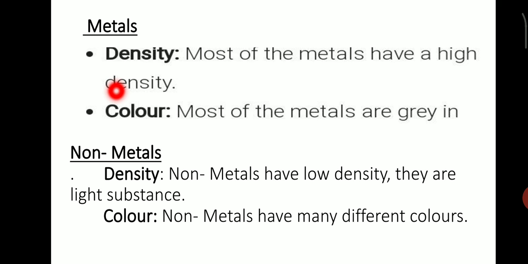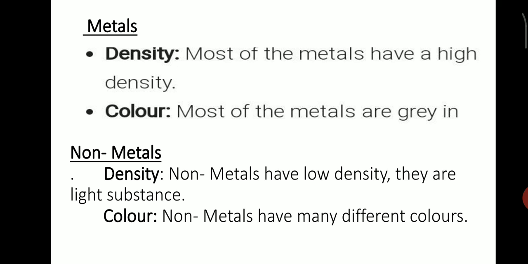Then about color. Most metals are gray in color, except copper, gold, etc., which have other colors. Copper has a reddish brown color, whereas gold has a yellow color. What about non-metals?